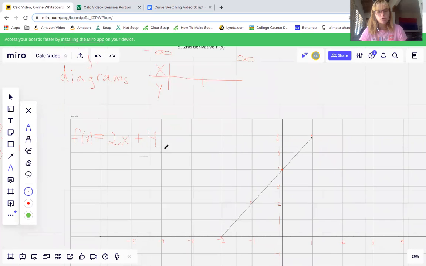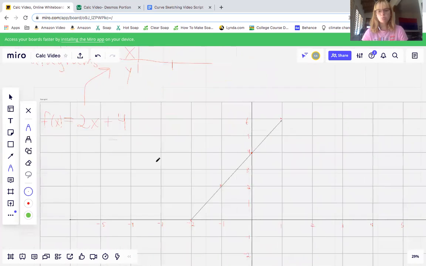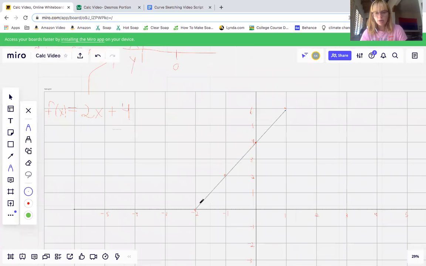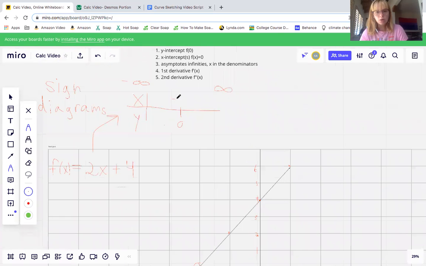We'll use this function, 2x plus 4, as an example. An important point to note is when the y value ends up being 0, because then that will shift from the y values being positive to negative, or vice versa. In this particular graph, that point of concern is when x is negative 2. So we can go ahead and notate that on our graph.